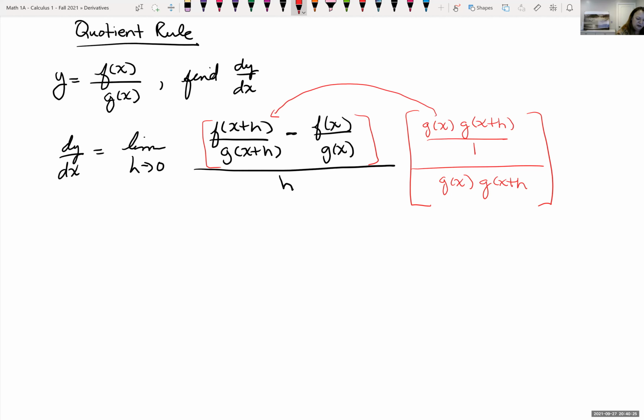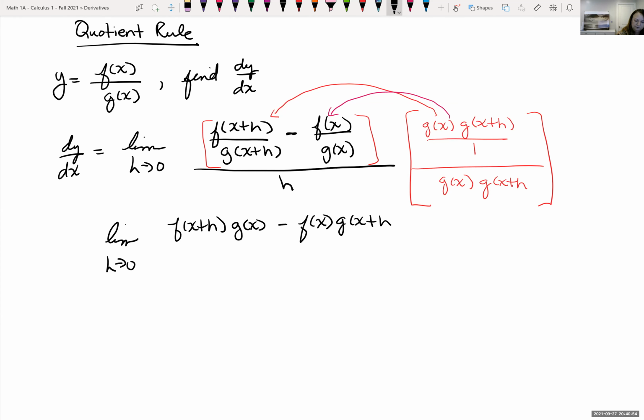So when we distribute to the first term, the g of x plus h cancels and we're left with f of x plus h all times g of x. Minus, so distributing it to the second fraction, the g of x is going to cancel and you're left with this f of x all times g of x plus h. Divided by h times g of x times g of x plus h.